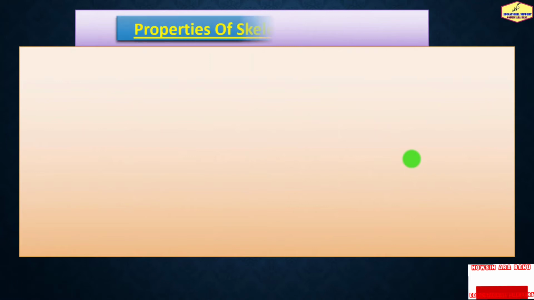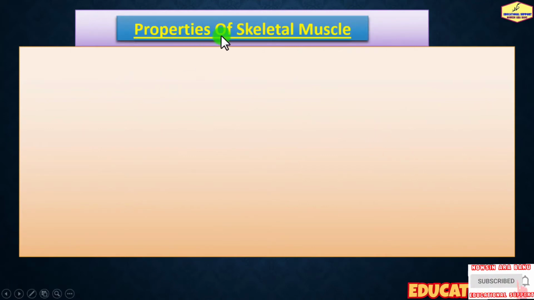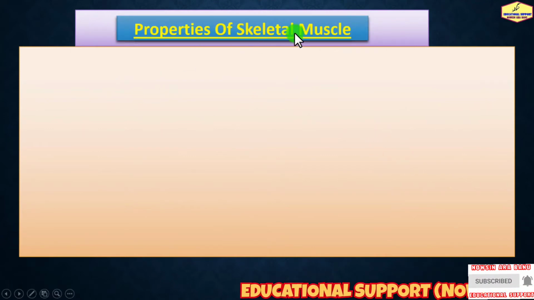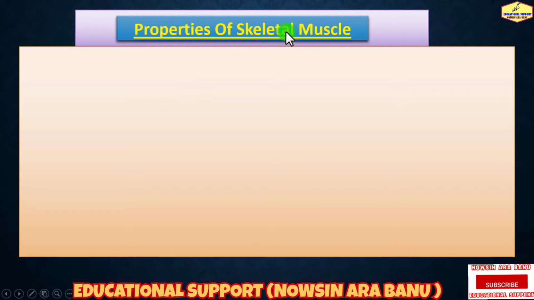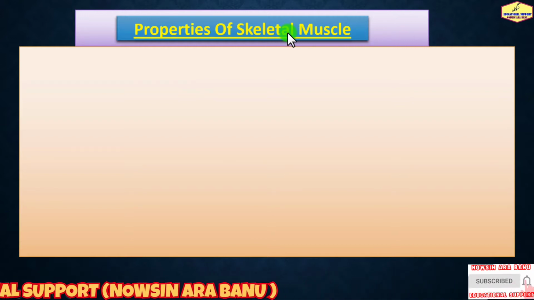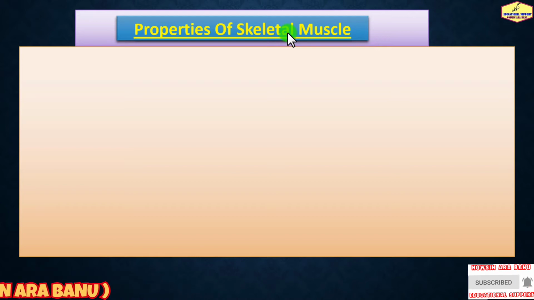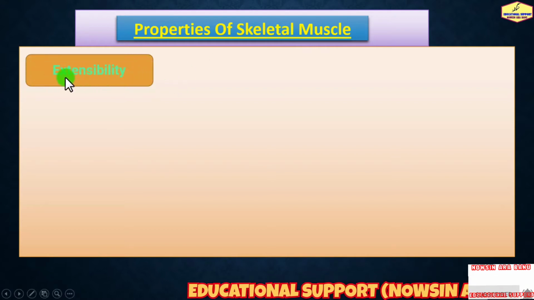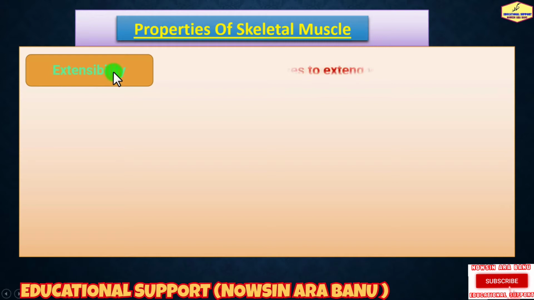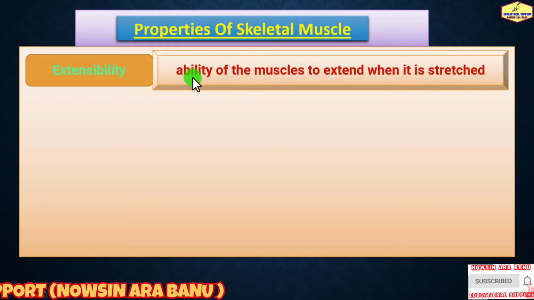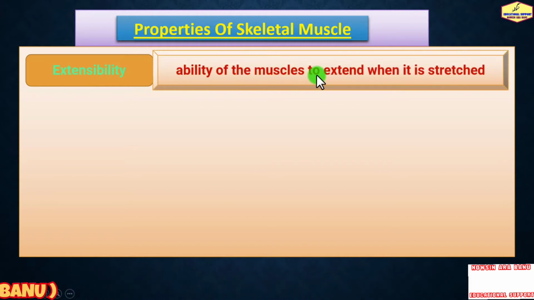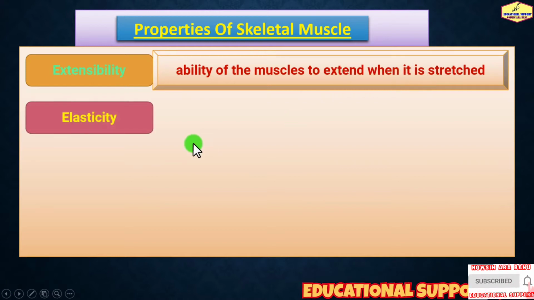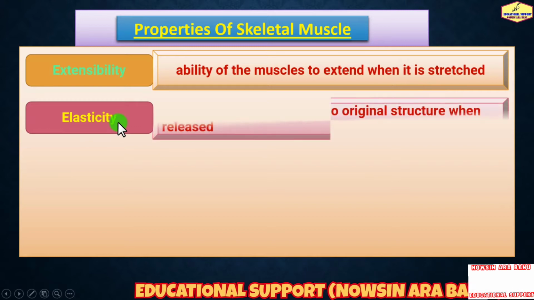Now, we are going to focus on the properties of skeletal muscle, or functional characters of muscle. Do you know what are the properties of skeletal muscle? The skeletal muscles have the following properties. That is extensibility. Extensibility is the ability of the muscles to extend when it is stretched. Elasticity.